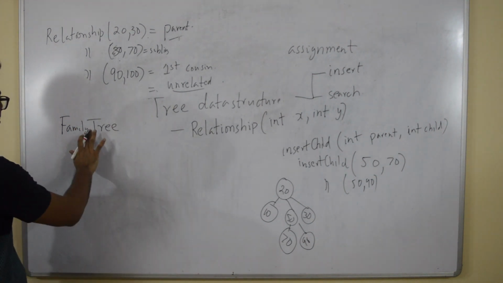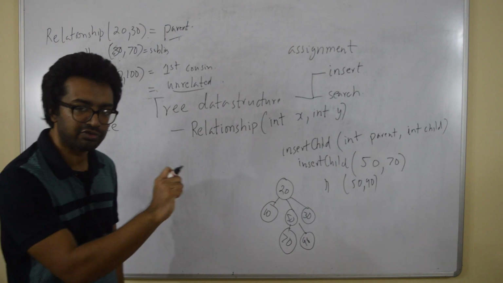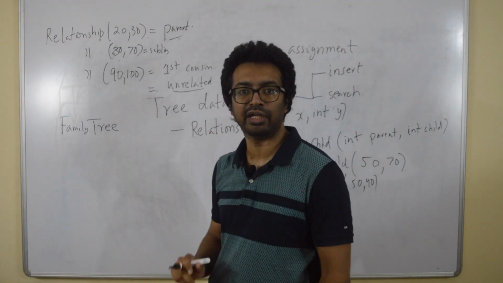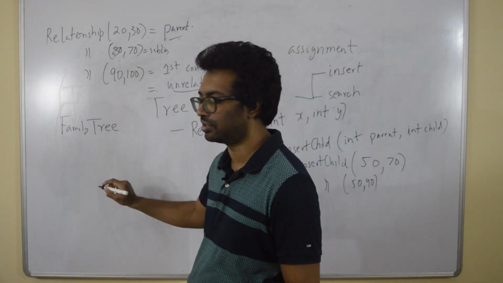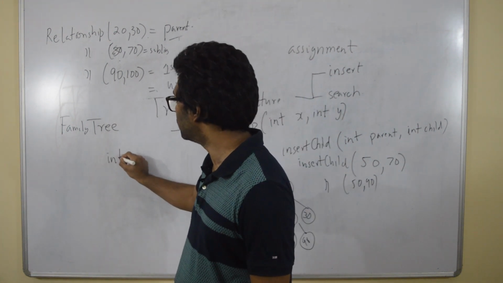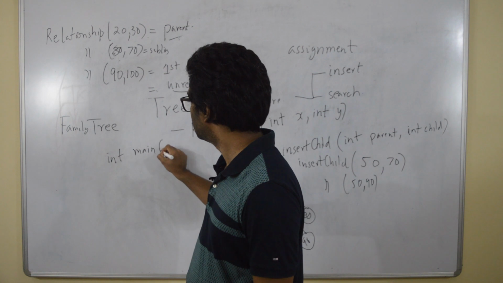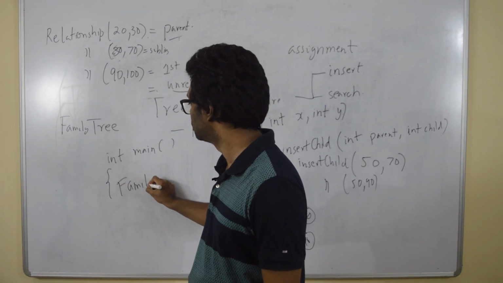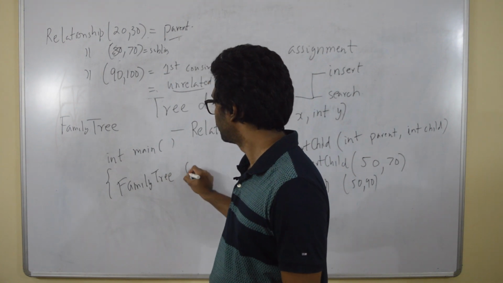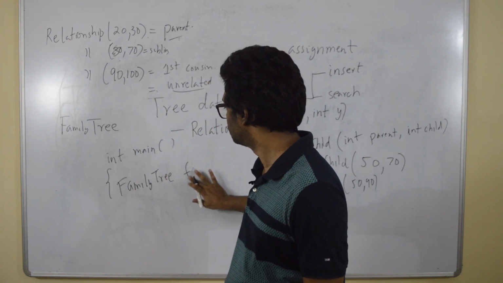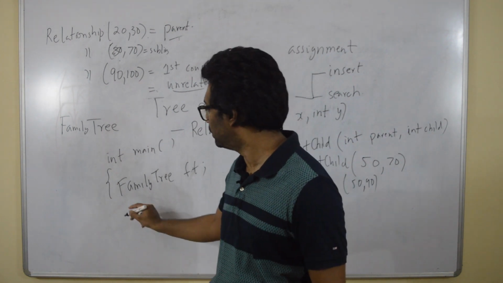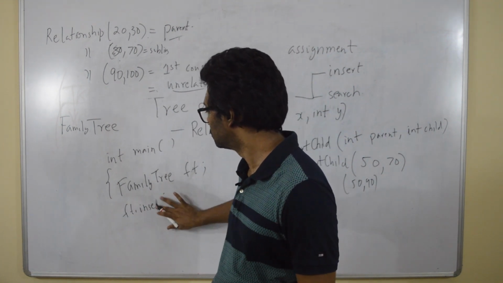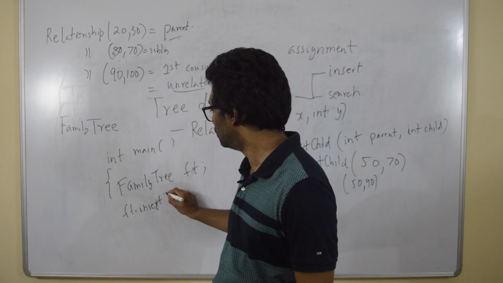Since we want a uniform way to correct all answer papers, we will be calling family tree and we are going to use the following main function. The main function will be like this: int main, and I'm going to create family tree ft, and do some inserts.